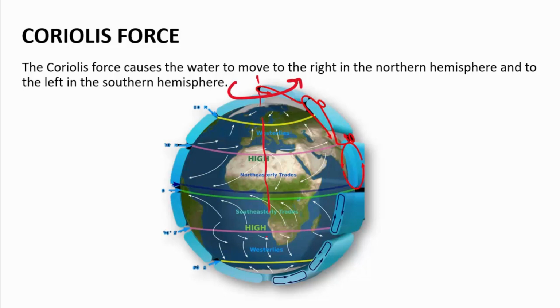But due to relative velocity, if you stop seeing the earth as moving, then by the concept of relative motion, the earth's wind and the water present on earth will try to move in the opposite direction of the rotation of the earth.